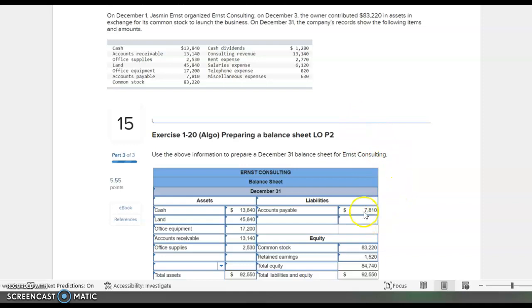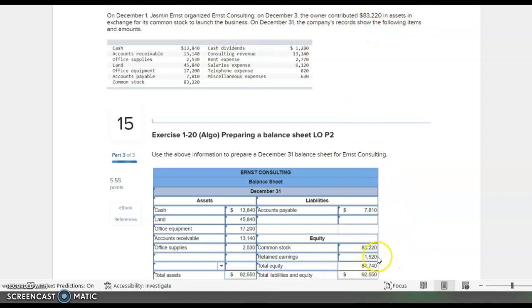Under liabilities, our accounts payable is a liability, so we would label accounts payable under that heading for $7,810. The equity is then situated under liabilities because assets equals liabilities plus equity. Our equity would be common stock, which would be $83,220 as described in the beginning of our problem.